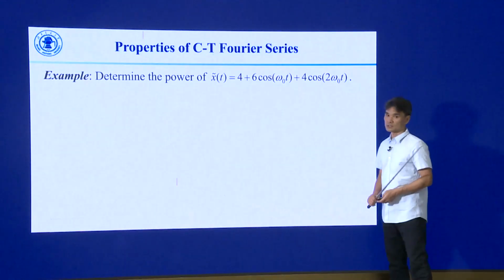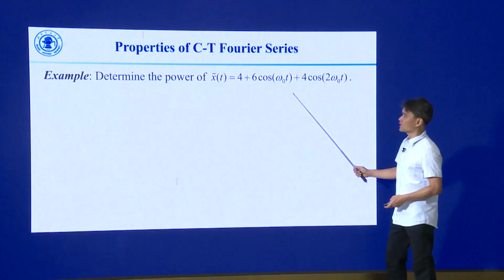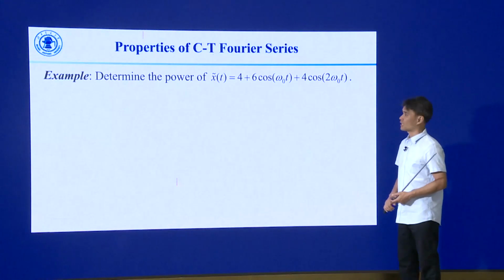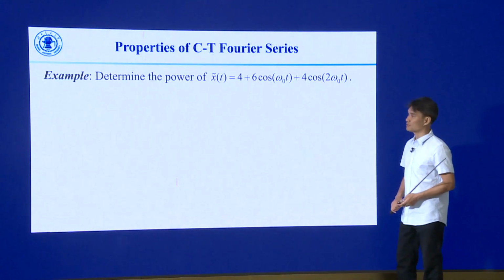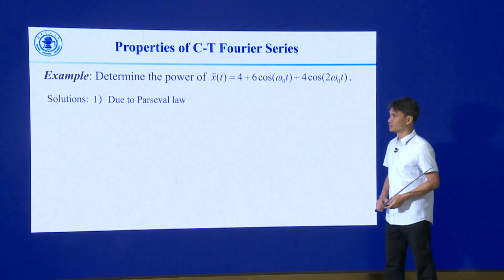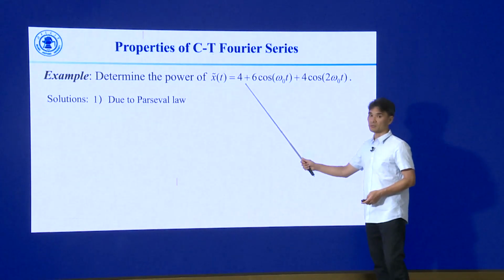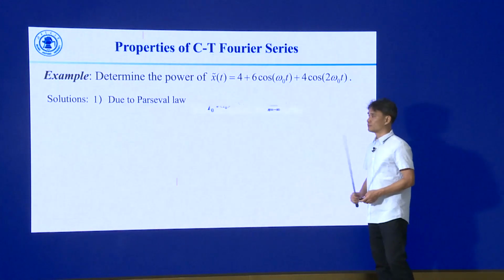This is one example of how we can make use of Parseval's law to help us calculate the power of a given periodic continuous time signal. We can convert this signal from the time domain to the frequency domain.